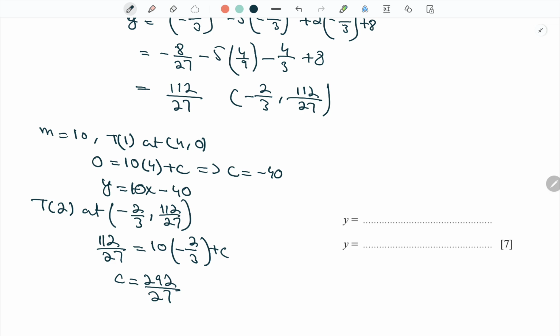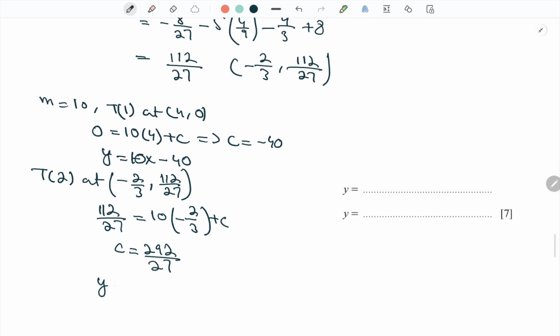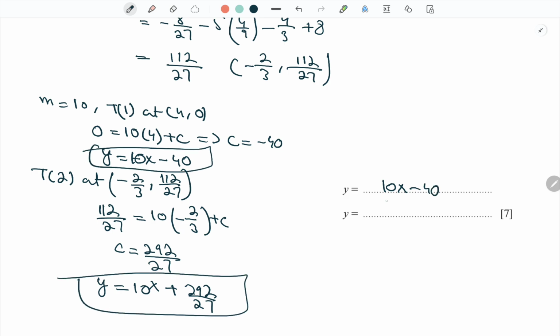Okay, so that means y equals 10x plus c, 292 over 27. So the answer we have, the first one is 10x negative 40, and the second one is 10x plus 292 over 27.